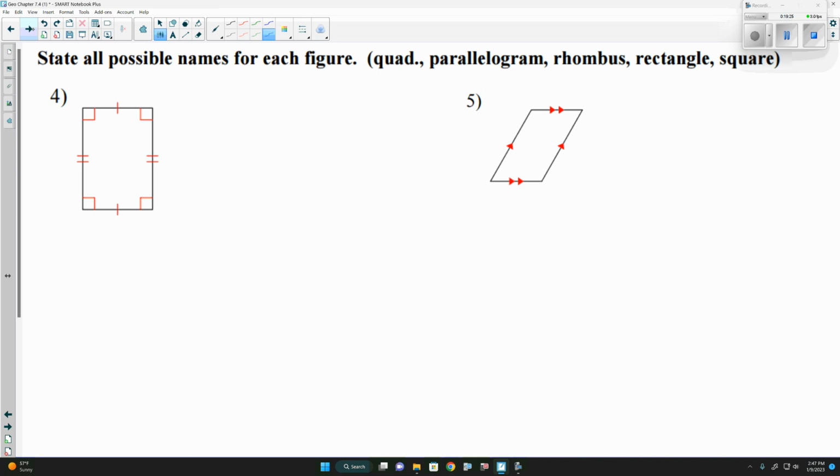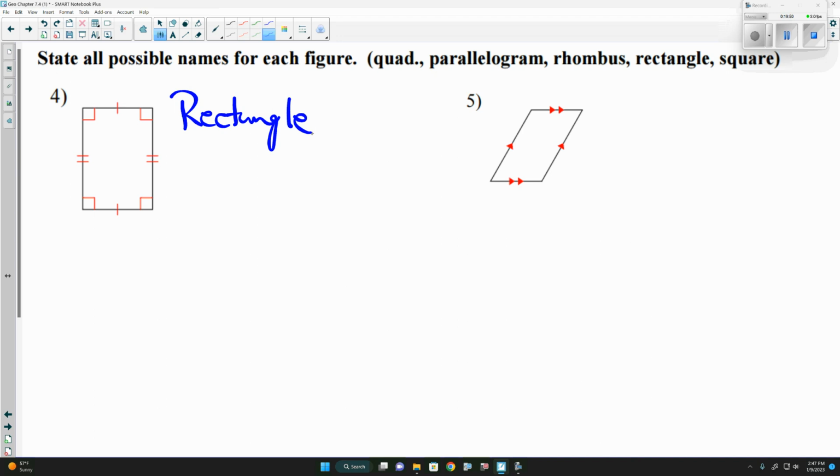So let's look at the next one. I think we're almost done, aren't we? I think these are the last two. Or we got four more. So, looking at this here, guys, number four, what would we classify this? Rectangle. Can't be a square.